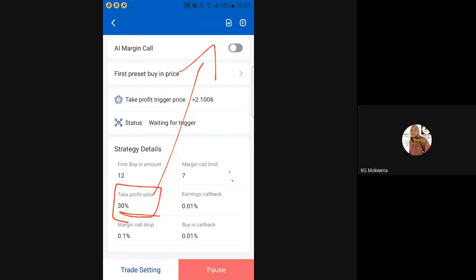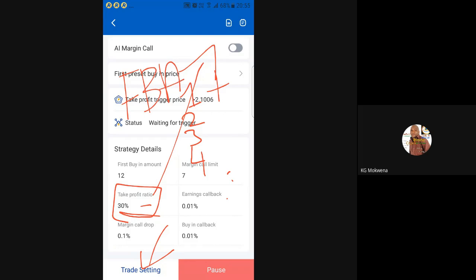So the distributed take profit allocation is the one that you saw on trade settings. You'll have to go down here to work out the individual trade profit for the sub-bin calls. That is 5, 6 upward. But this one is for call number 4, 3, 2, 1 plus the first buying amount.